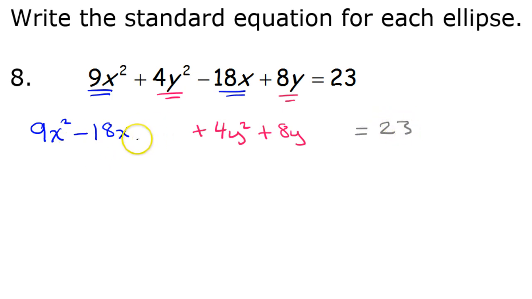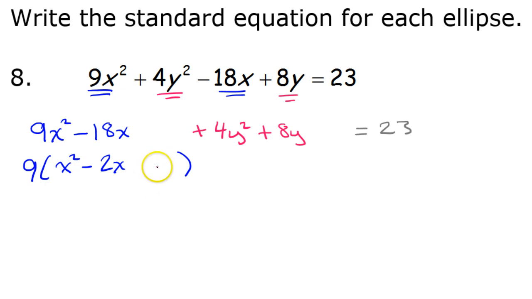So I need to complete the square for the blue part of the equation and for the red part of the equation. The next thing I need to do is factor the leading coefficients of each part outside of parentheses. So I need to take this 9 and get it outside of the parentheses like this. So I will have x squared and minus 2x.